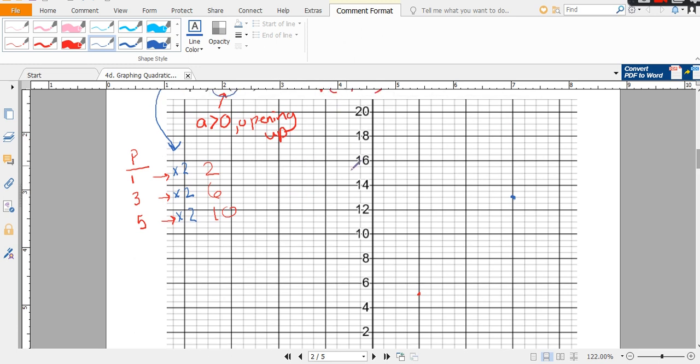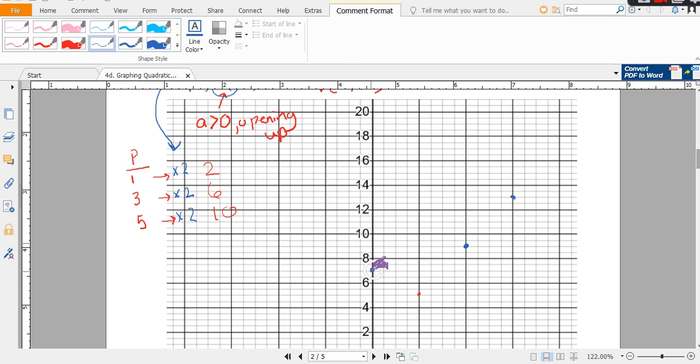Okay, so once again, I don't know where this one went. It was supposed to be over 1 and then up 2. So it's supposed to be right there. Now, the last one was 1 over, up 10, which will go off the page. Now I'm going to do the same thing on the other side just so I have more guiding points. Over 1, up 2.